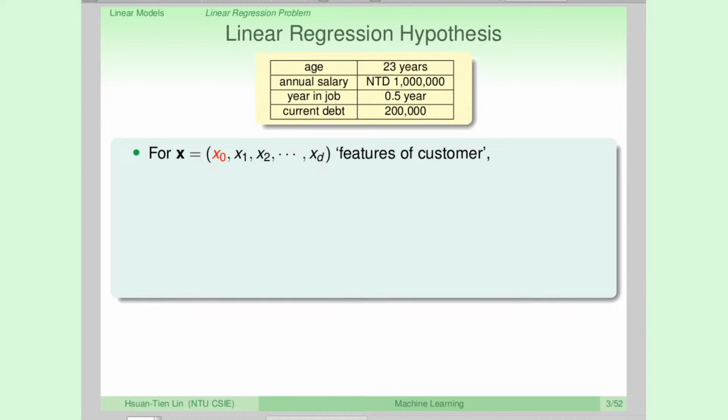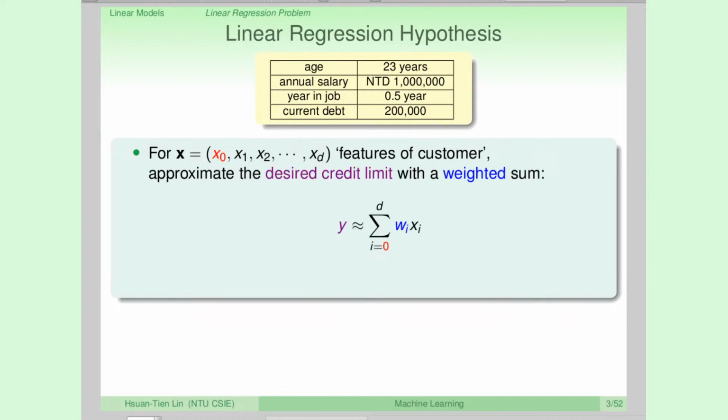Following the perceptron model that we have seen, one way of solving this is to represent each applicant as a feature vector x, which we are now very familiar with, adding our usual x0, and then we ask the machine to approximate the desired credit limit with a weighted sum.